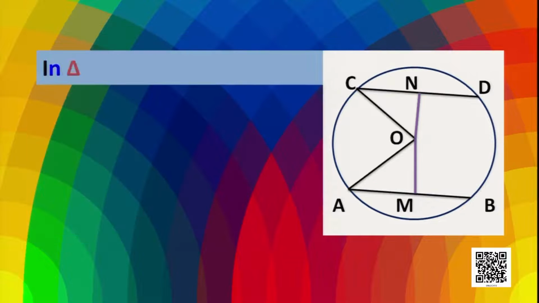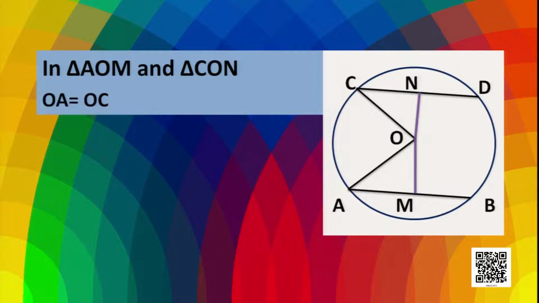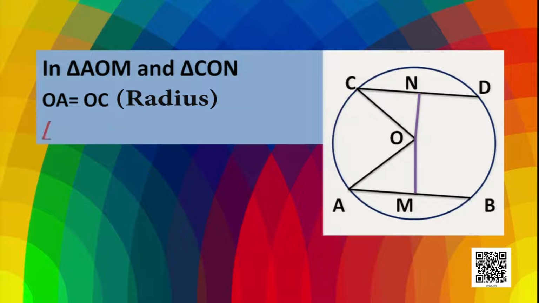So let's see the congruency of triangle AOM and triangle CON. The respective parts which are equal are: OA is equal to OC, as these two are radii of the same circle. Now angle AMO and angle CNO are right angles, as OM and ON are perpendiculars drawn from O to the chords.